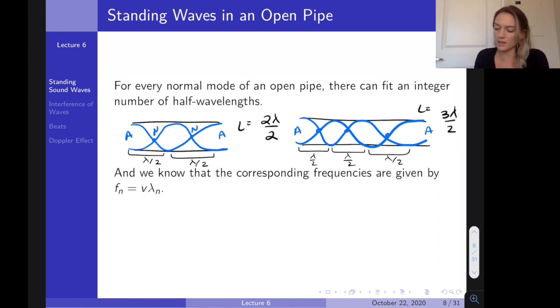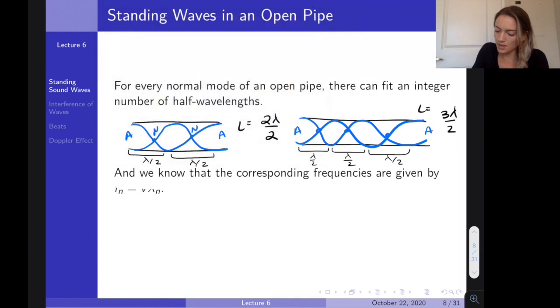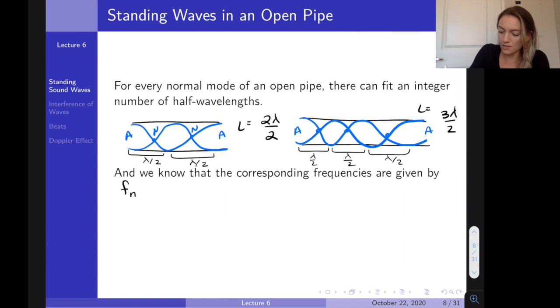So if I want to find the corresponding frequencies for that, we know that the frequencies, whoops, that's a mistake there. I should cross that out. The frequencies are given by f_n is v over lambda. And we said L is n lambda over 2. The length of my pipe has to be an integer number of half wavelengths.